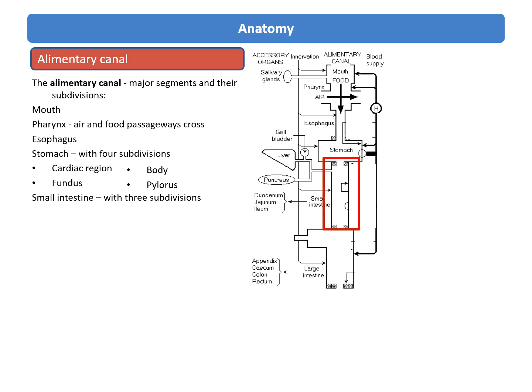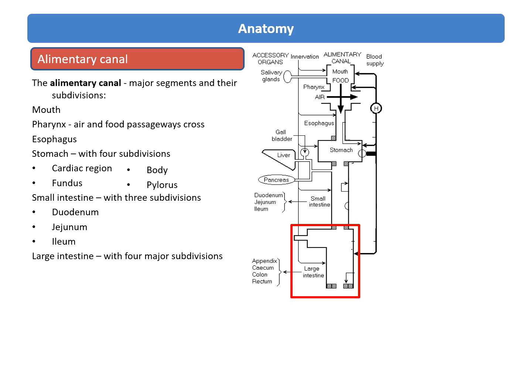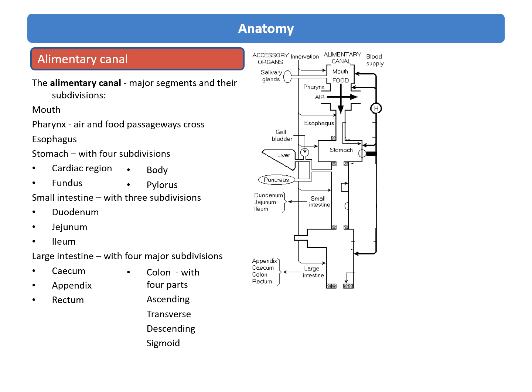The small intestine, which has 3 subdivisions: the duodenum, the jejunum, and the ileum. The large intestine has 4 major subdivisions: the caecum, the appendix, the rectum, and the colon. The colon itself has 4 parts: the ascending colon, the transverse colon, the descending colon, and the sigmoid colon.